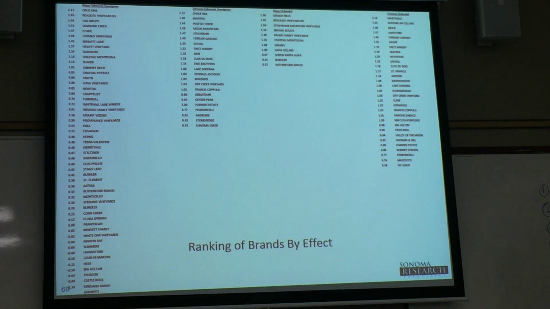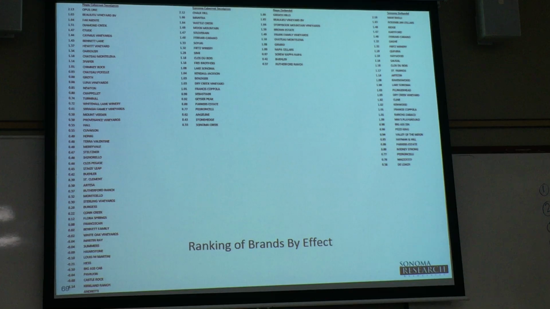Interesting, we had one brand, I think it's Behringer, that produces both a Napa cab and a Sonoma cab, the Knights Valley cab. So we had the same brand that produced both, and that was an interesting case.